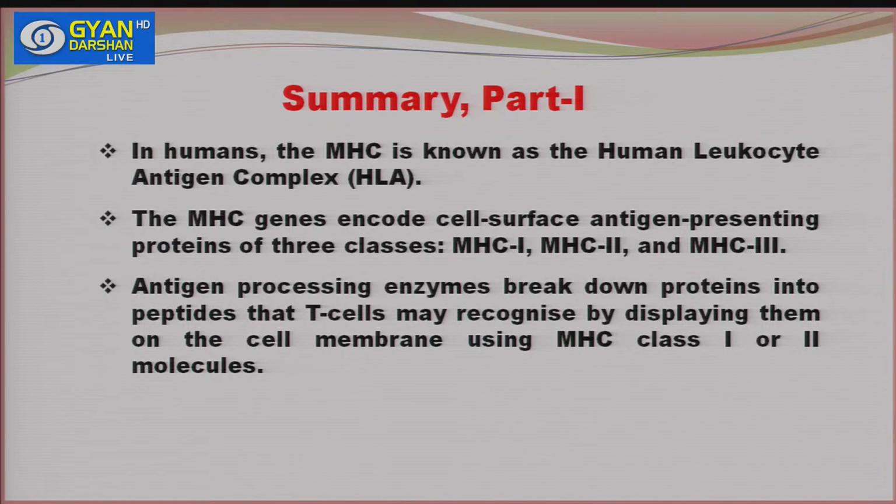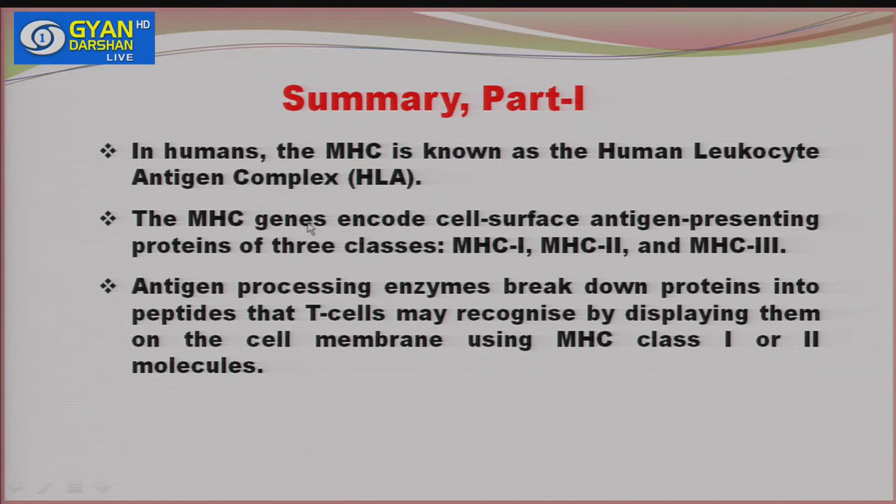Dear learner, I want to summarize my part first. You have learned various things related to the MHC, which is present in the nucleated cells of humans, and not only humans but a number of vertebrates also. The MHC is known as the human leukocyte antigen complex.